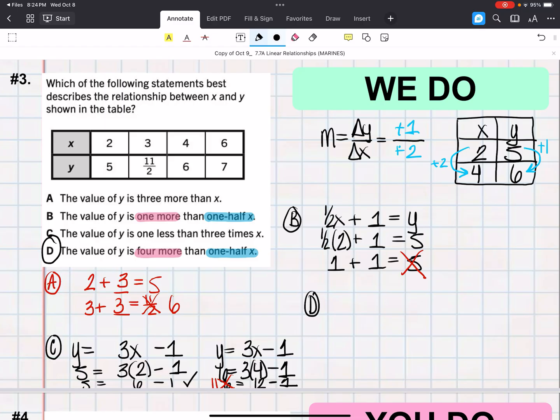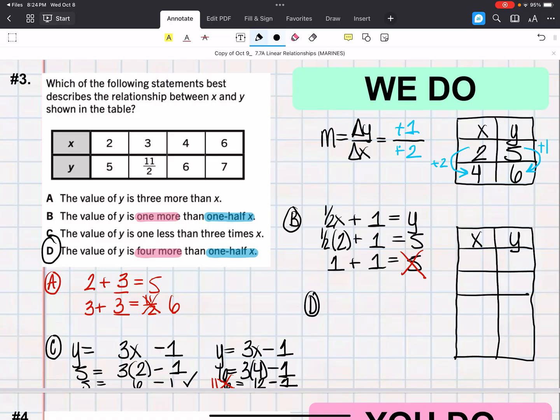And we are left with our answer of D, where we already knew that our rate of change was 1/2, and it's telling Y is 4 more, which is true, because remember how we talked about sometimes working backwards to identify what your initial amount is. So here, if I were to make a new table with X is 2, 3, 4, 1, 0.